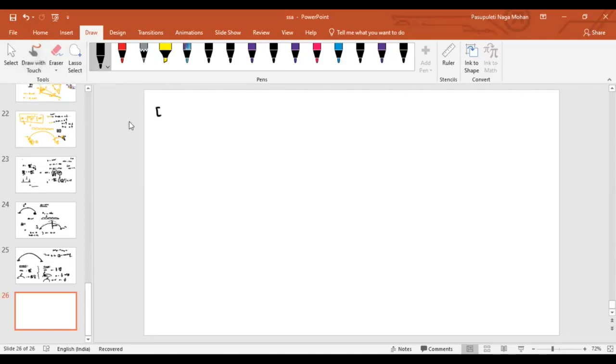Now there is one definition that you have to learn, that is Eddy's theorem. Let us say this is any type of arch subjected to loading.